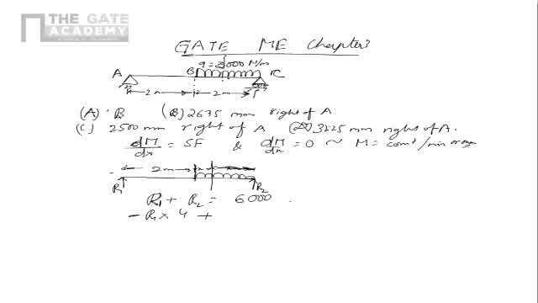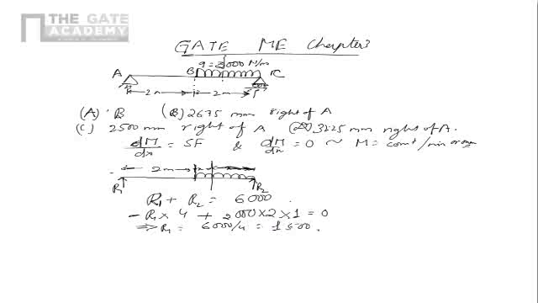The distributed force is occurring at a distance of 1 meter from C. So that is 3000 into 2, the total force, multiplied by 1, that is equal to 0. So that gives me R1 is equal to 6000 by 4, which is 1500.